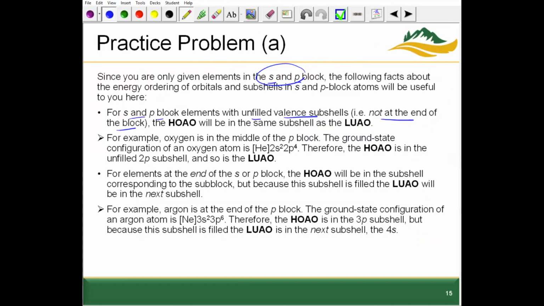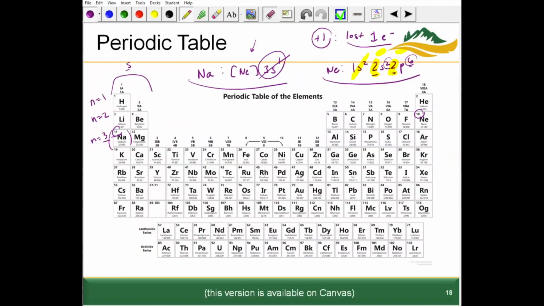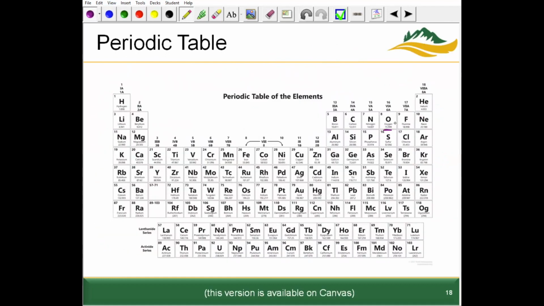So for elements that are not at the end of the block, the highest occupied atomic orbital will be in the same subshell as the lowest unoccupied atomic orbital. For example, for oxygen, its electron configuration is going to be 1s2. Now we're in n equals 2, and we fill this one as well, so we fill the 2s2.